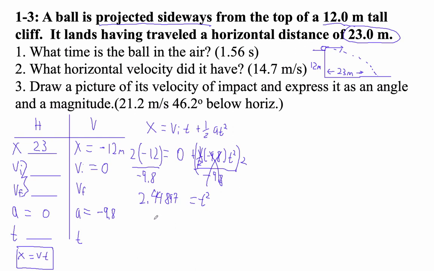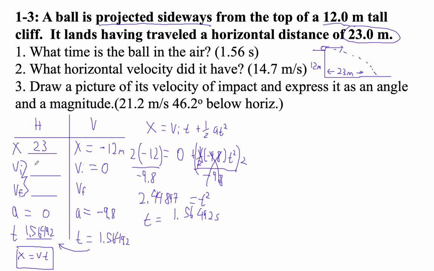And I get that the time is equal to 1.56492 seconds. I'm going to write down a lot of digits because I don't want to round. 1.56492 seconds. And then, of course, time is on both sides, right? 1.56492. All right.